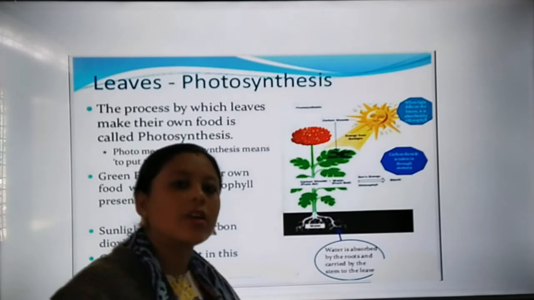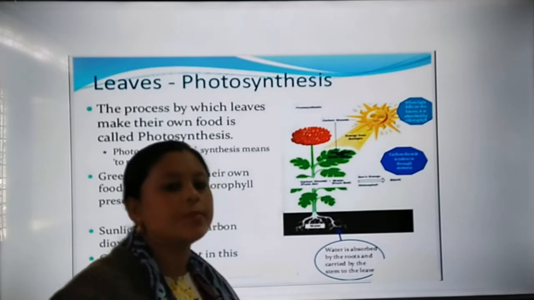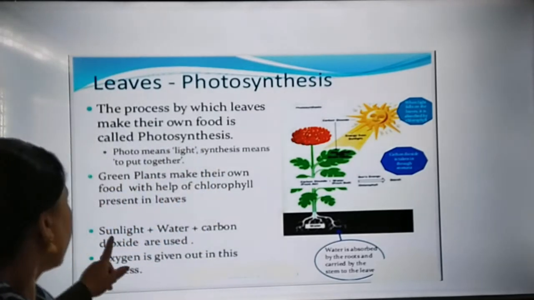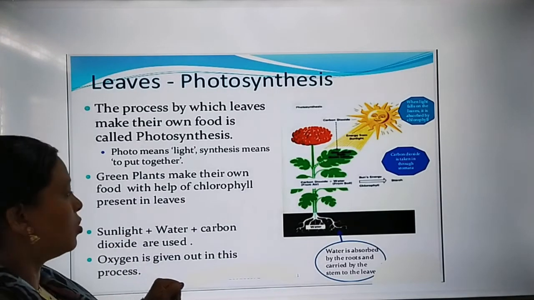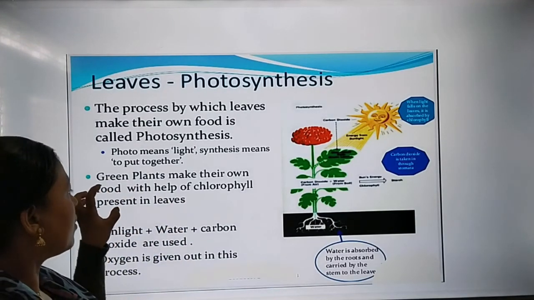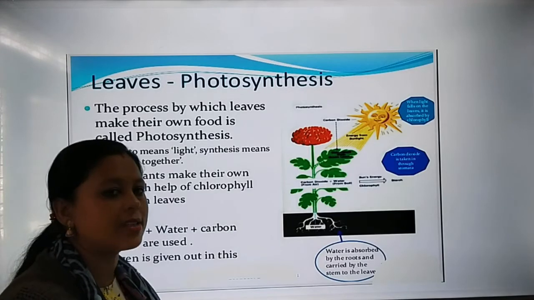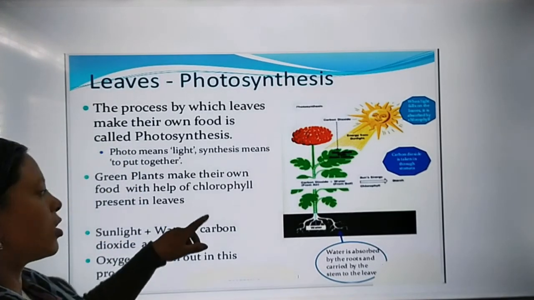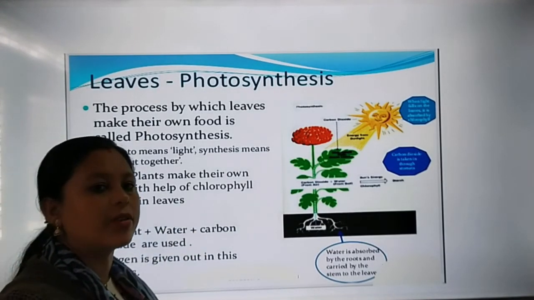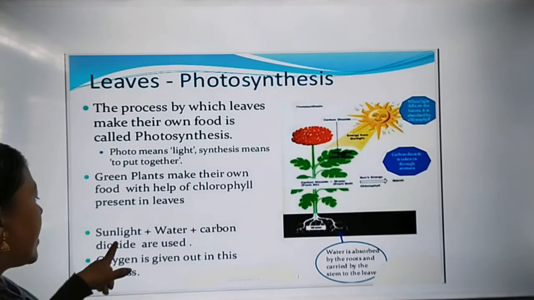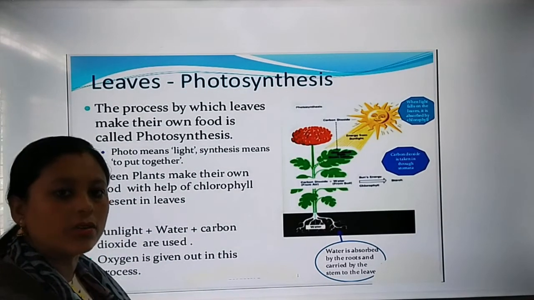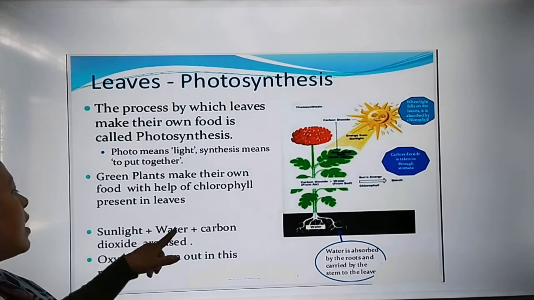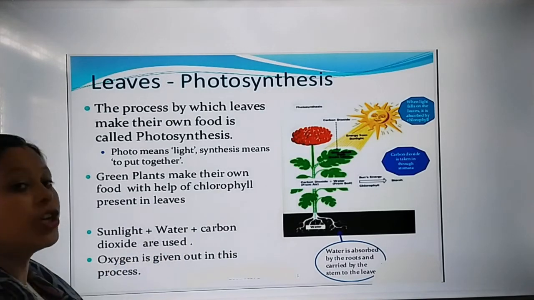So to make their food, chlorophyll is needed. Leaves need some substances. The first one is chlorophyll, which is already present in the green leaves, and sunlight, which they get from the sun. Water and carbon dioxide are also used.